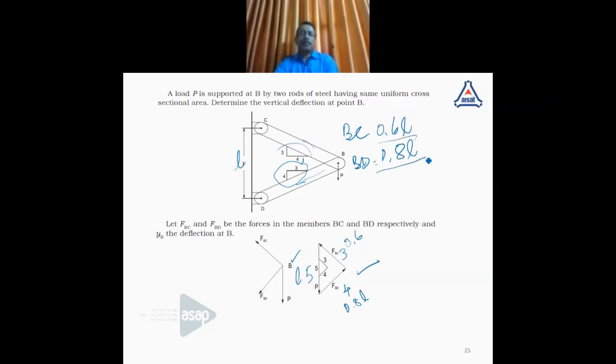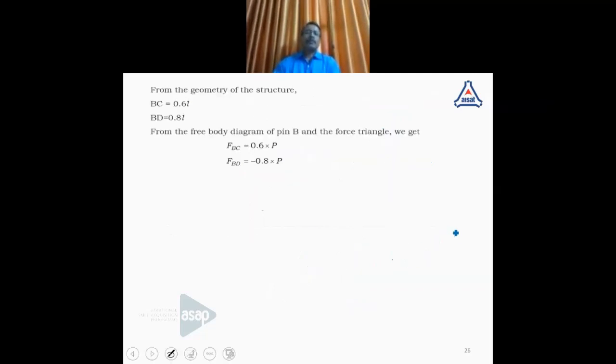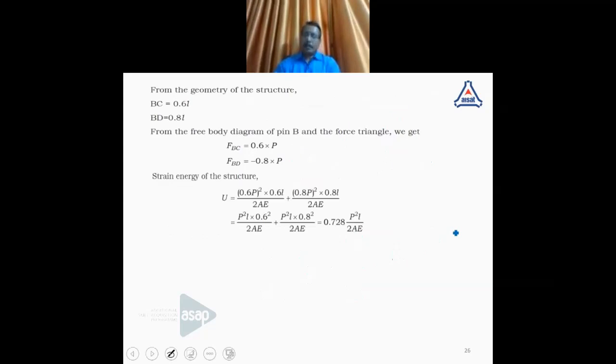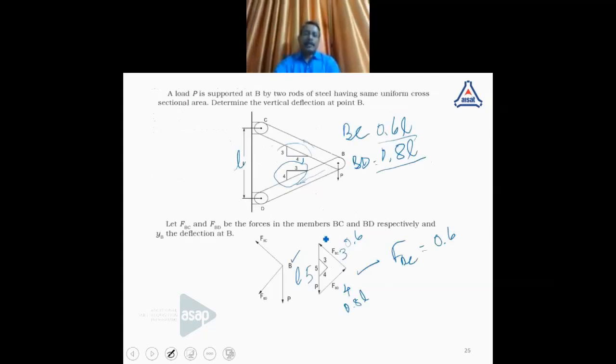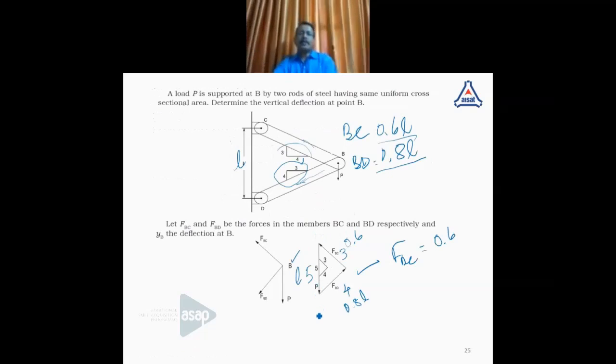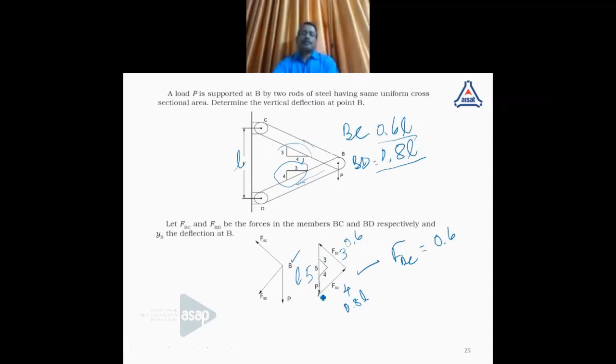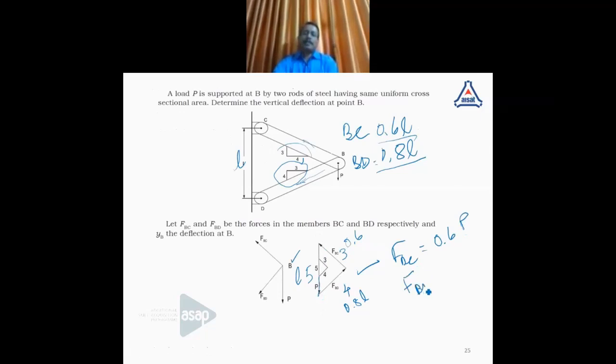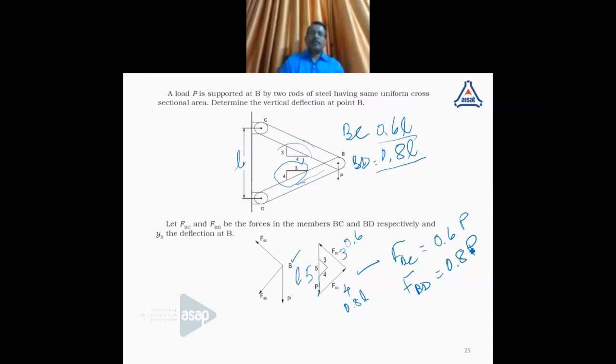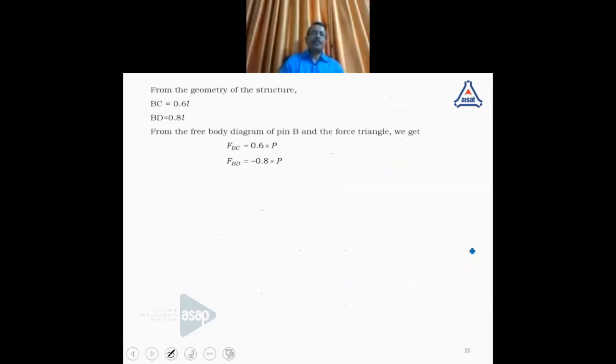Using the same approach, FBC is equal to 0.6 times P, where P is the applied load acting along the line shown here. FBD is equal to 0.8. This is only the free body diagram, and from the geometry of the diagram, we got these values.